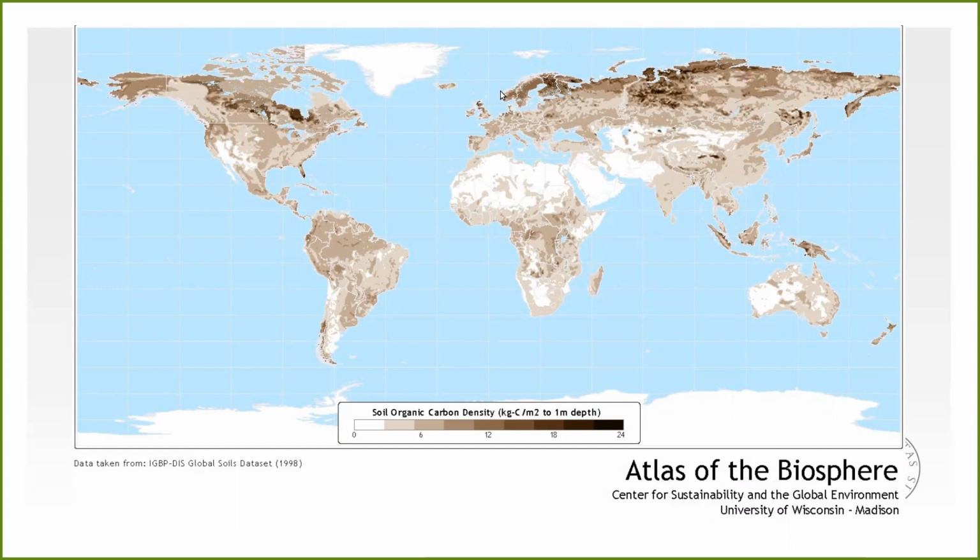It's because despite low productivity, because it's cold, the decomposition rates are really low. So that leads to a carbon accumulation in the soil. So those cold ecosystems are actually really important for carbon storage.